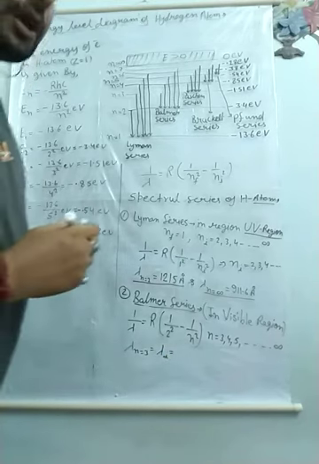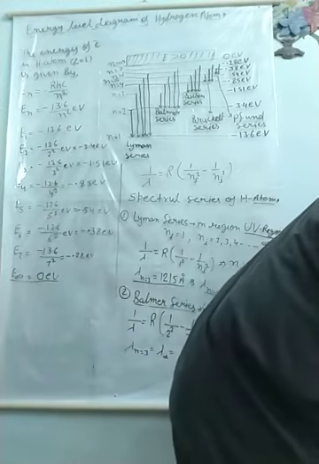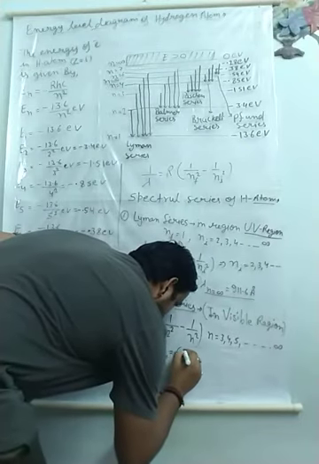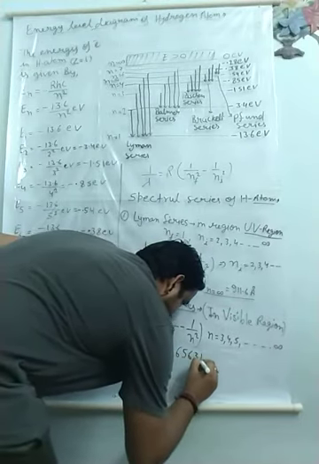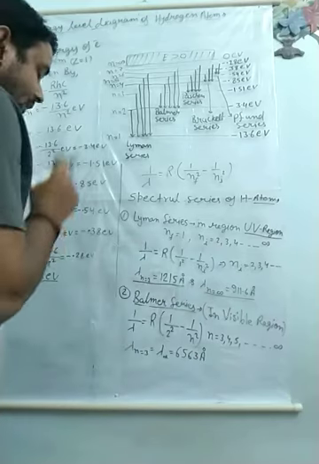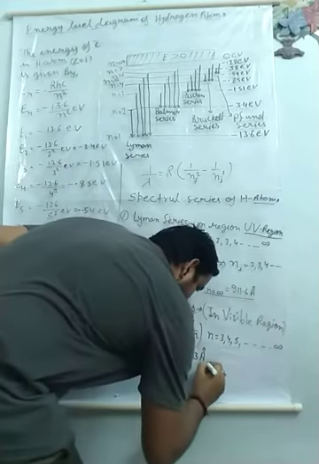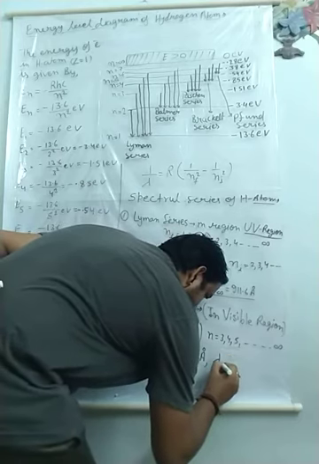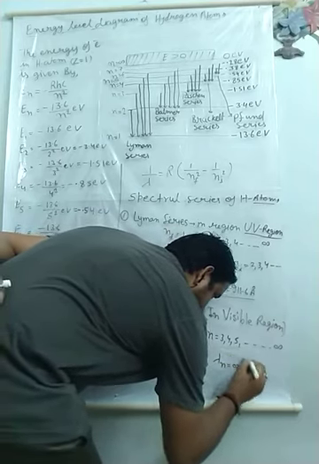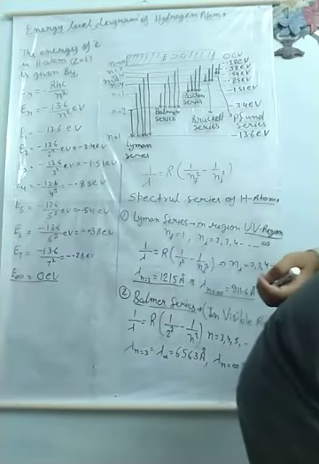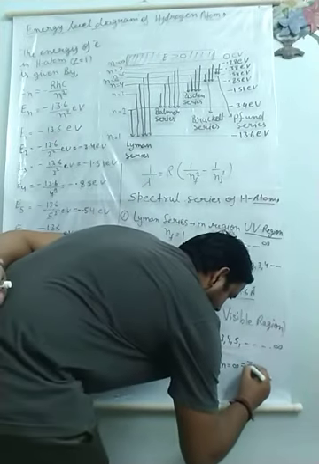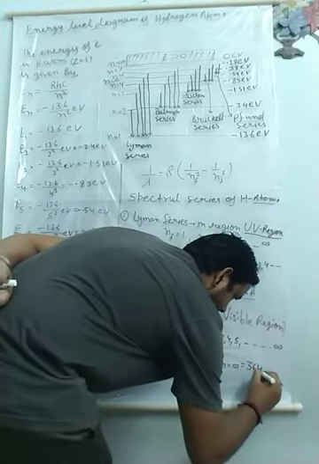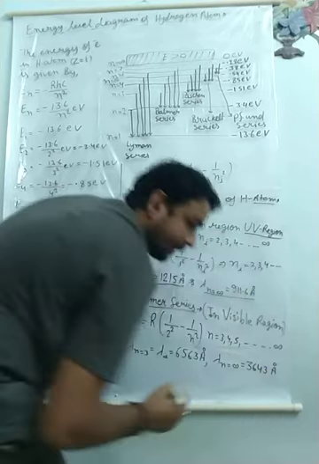Its first and highest wavelength is 6563 angstrom. And next, lambda for n equal to infinity is 3643 angstrom.